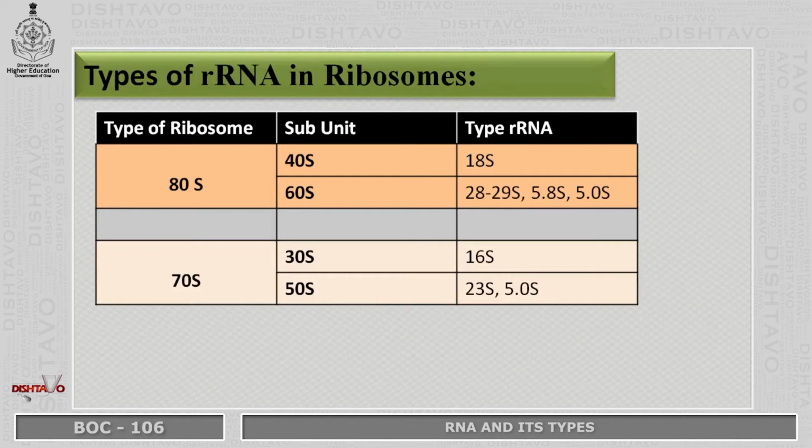In 80S ribosome, the smaller subunit 40S shows 18S type of rRNA.